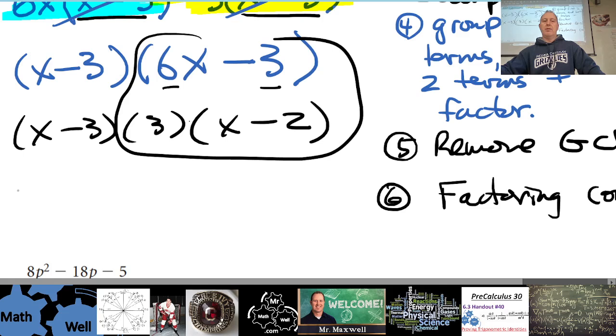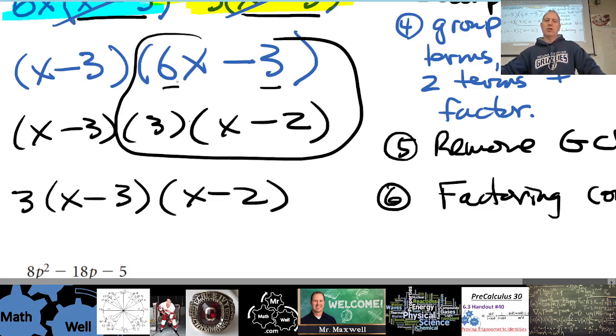So the fully factored version of this question that we did last day would look like this. Because we take a 3 out, this would be 2x minus 1. 2x minus 1 is what I should have put there. Okay, so 2x minus 1. This divided by 3 is 2x. This divided by 3 is 1.